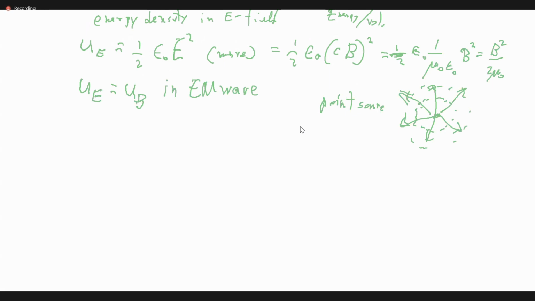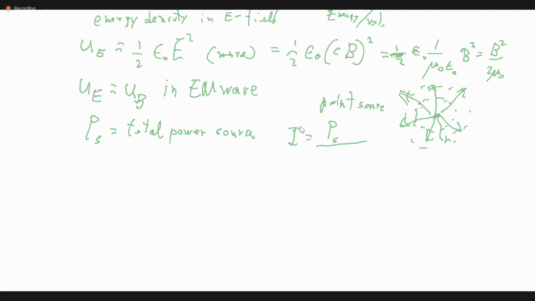And let's say PS is the total power emitted by the source. The intensity would be the power divided by the area of that sphere at that particular distance, let's say some distance r.